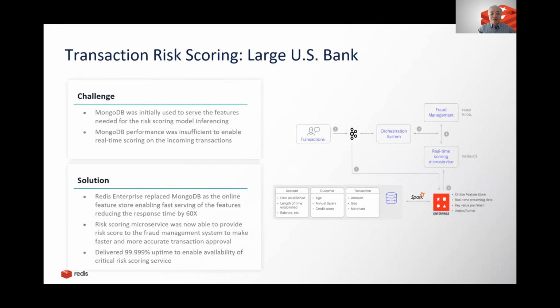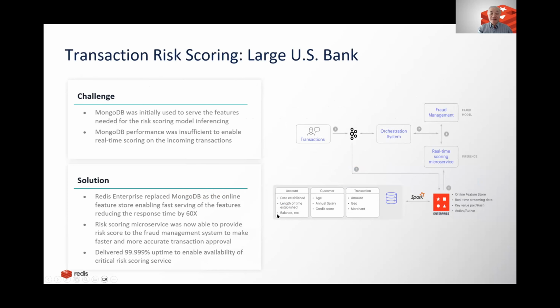So let's dive into the customer story of a large US bank that was trying to implement a new real-time risk scoring microservice. That risk score was going to be fed into their fraud management solution and ultimately make the final decision of whether to approve or deny that transaction.